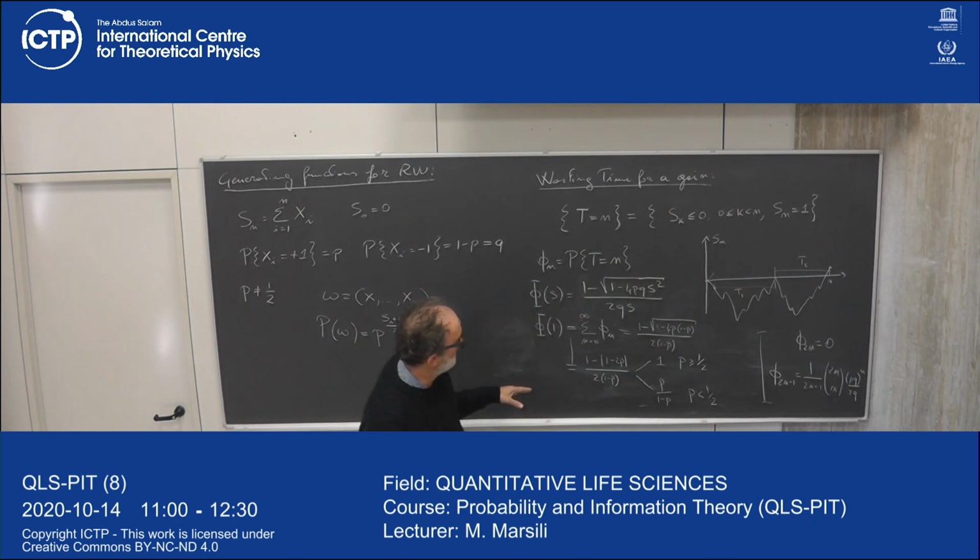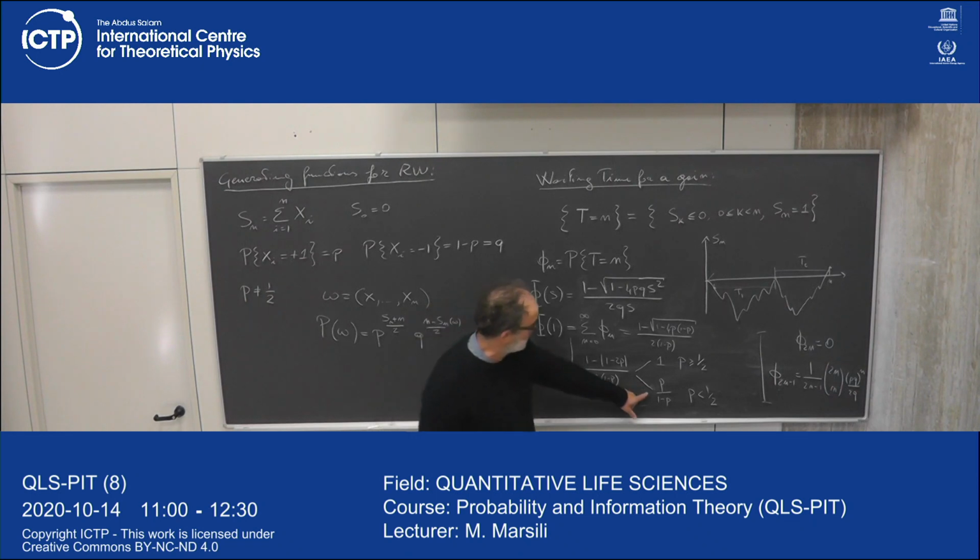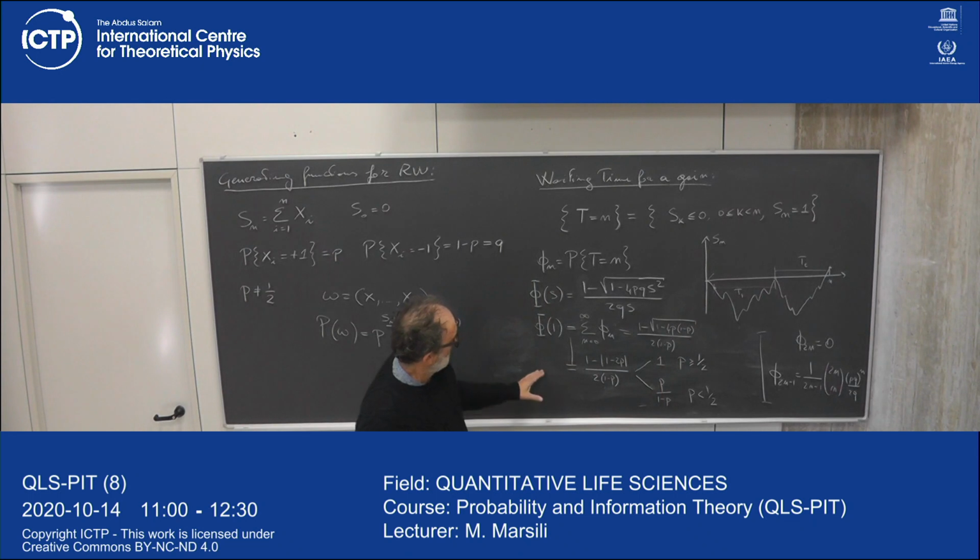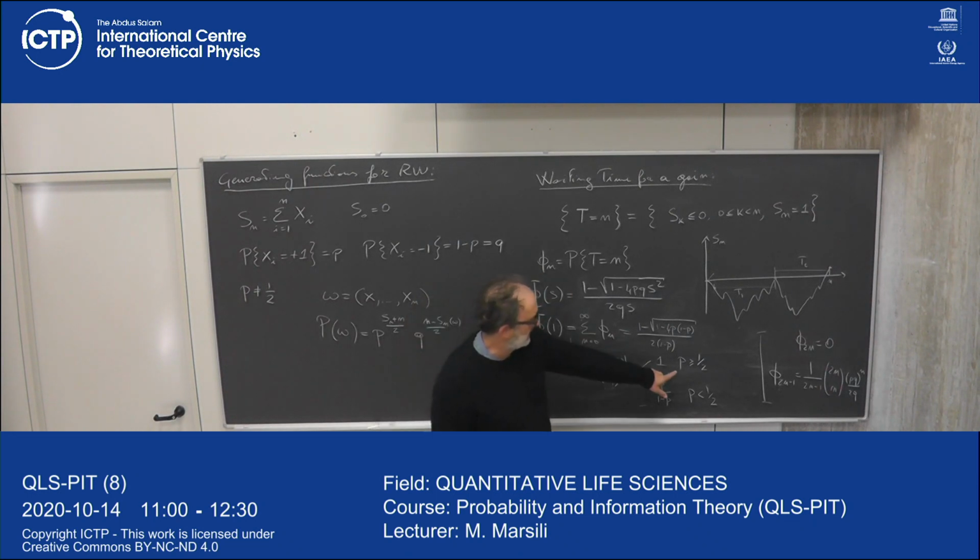And so with probability 1 minus this, there will never be a gain. This means that this is a normalized probability distribution only if p is larger or equal than 1/2.